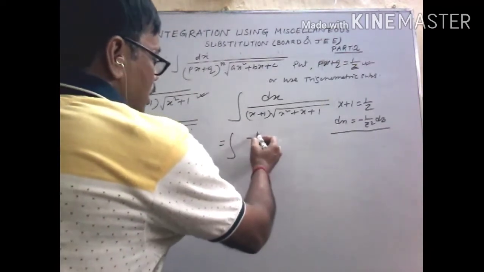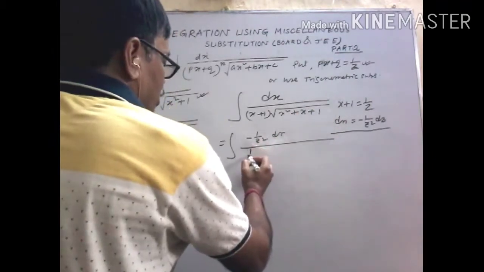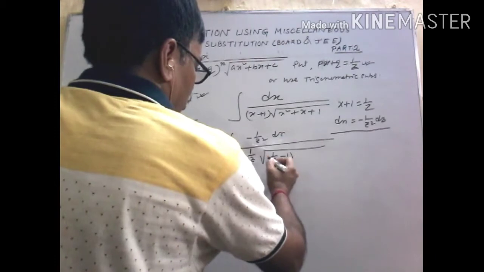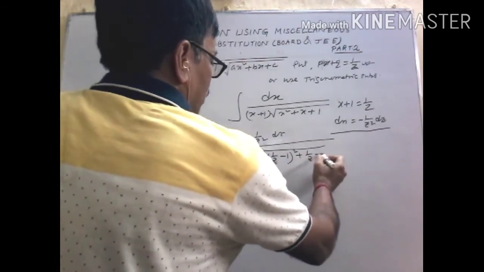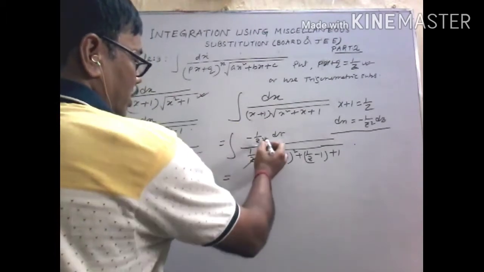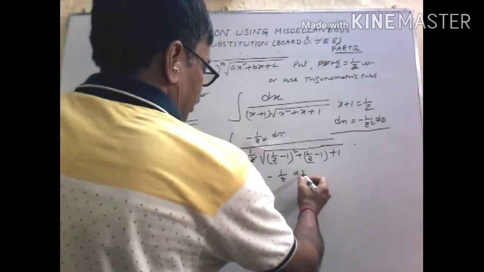So dx equals minus 1 by z square dz. What is x plus 1? This is 1 by z, root over (1 by z minus 1) whole square, 1 by z minus 1 plus 1. Now look, 1 by z is cancelled out. So minus 1 by z dz.